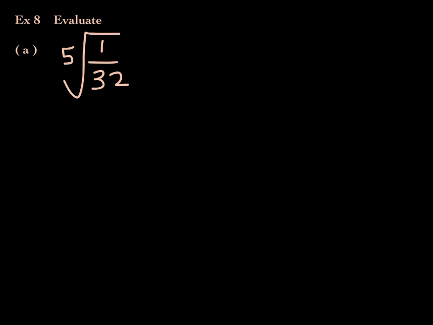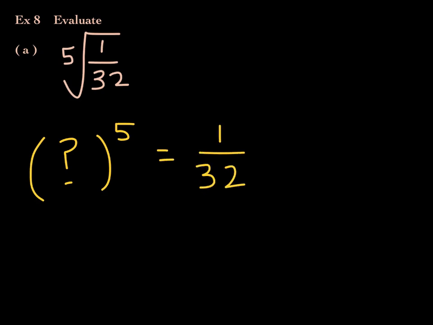Now, the fifth root of 1/32 is asking you for what real number raised to the fifth power gives you 1 over 32. What do you raise to the fifth power in order to get 1 over 32? That's the question.